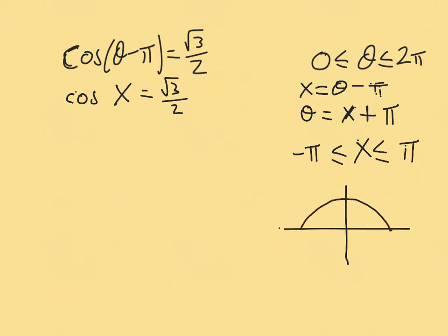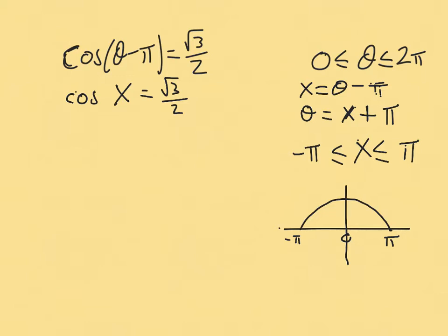But remember, pi, negative pi, positive, negative 180. And that is the cos graph. So we're solving cos x equals root 3 over 2 between negative pi and pi.